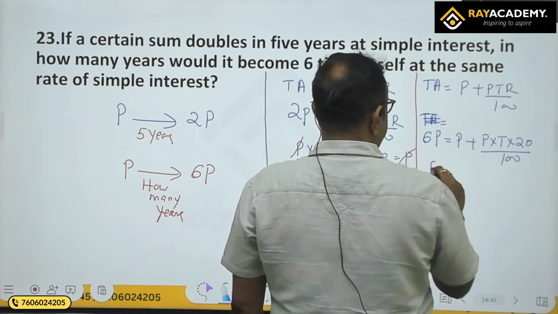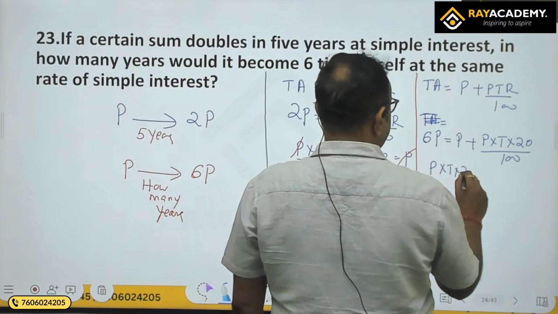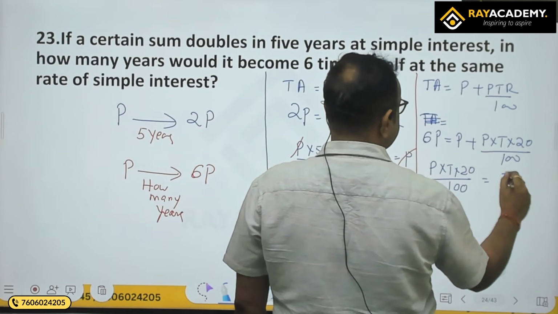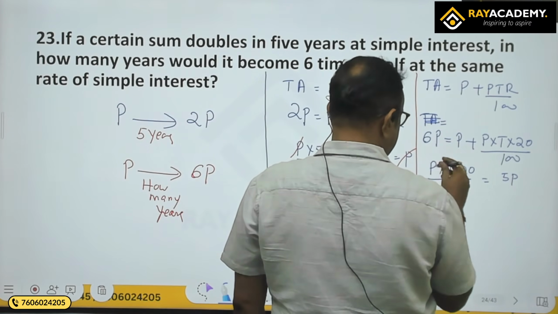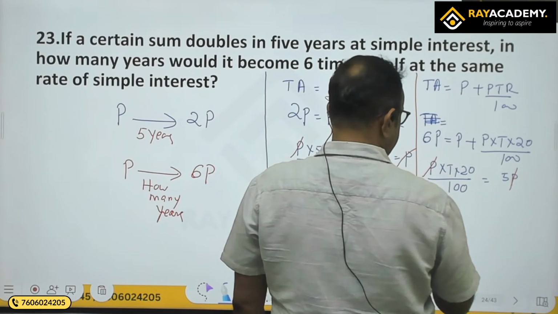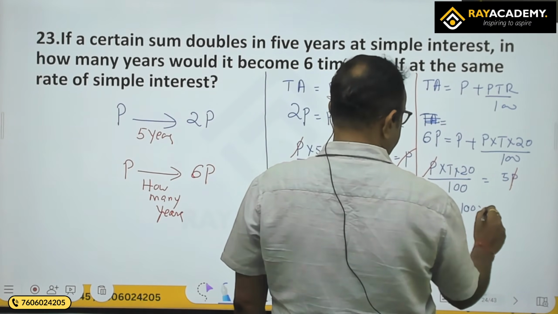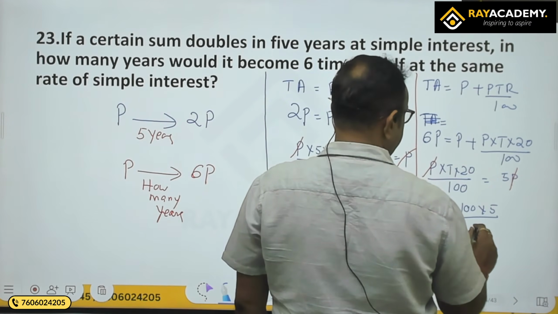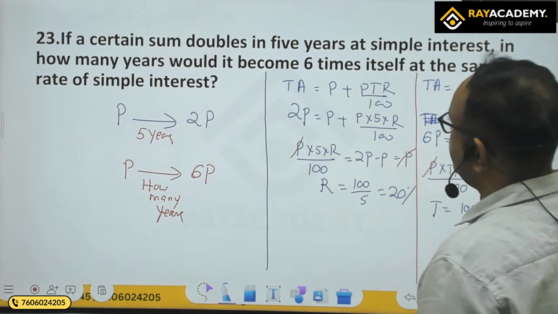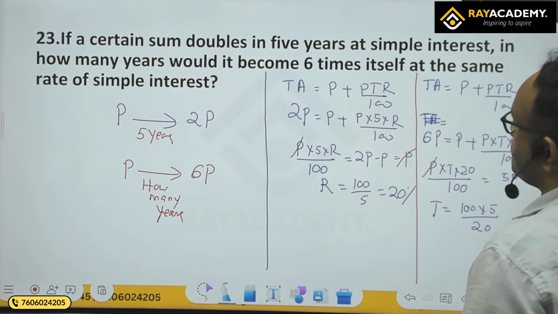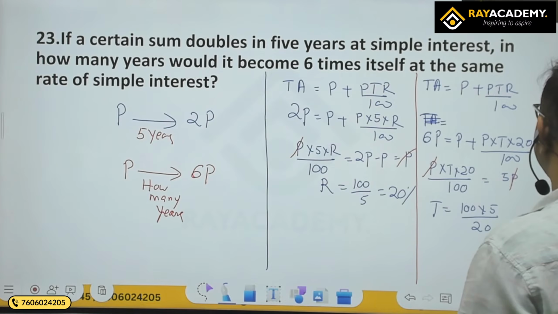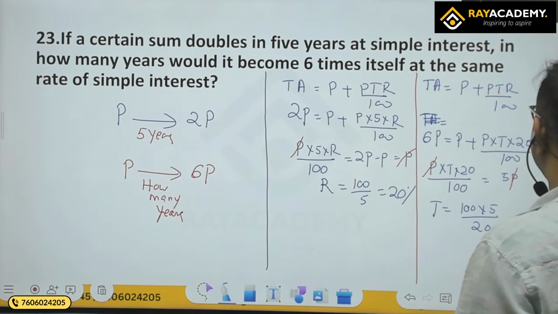So P multiplied by T multiplied by 20 by 100 equals 5P, that is 6P minus P. Now P gets cancelled, so T will be 100 into 5 by 20.